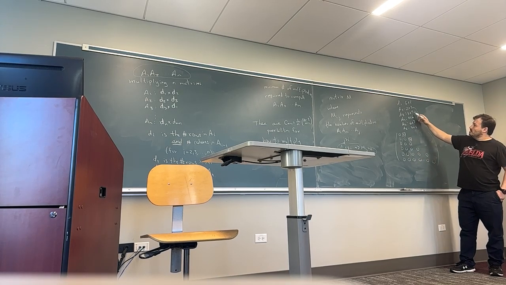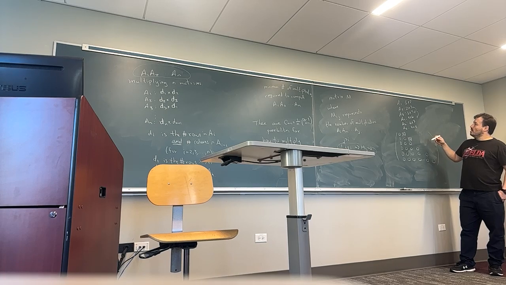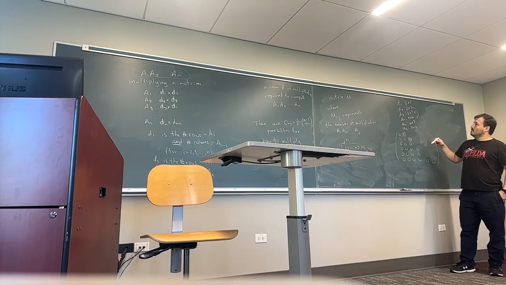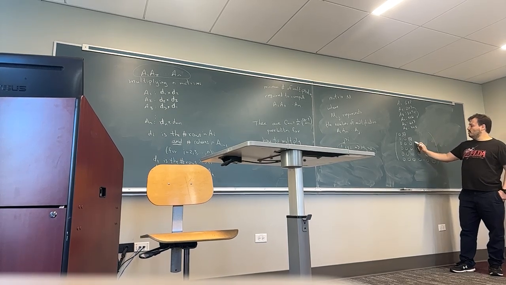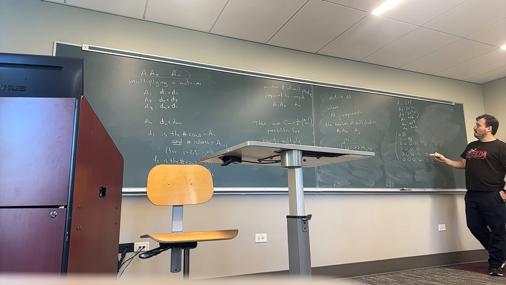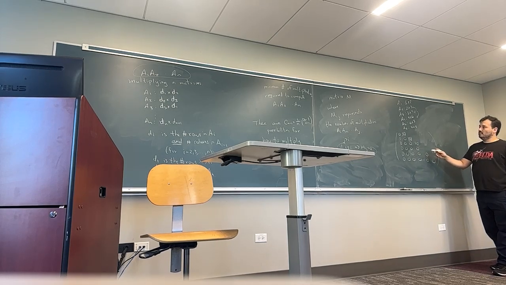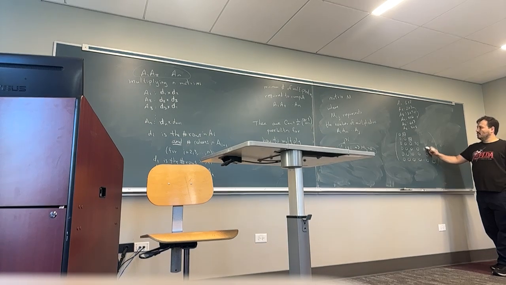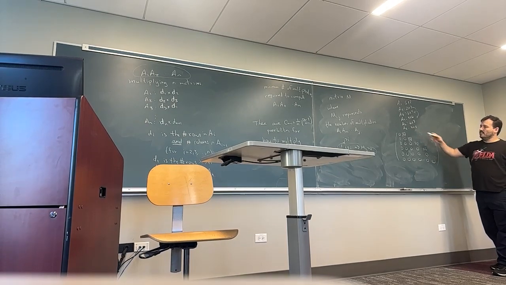Here we get 3 times 4 times 6, which is 72. And then we have 4 times 6 times 7, 168 maybe. And then we have 6 times 7 times 8, 336.